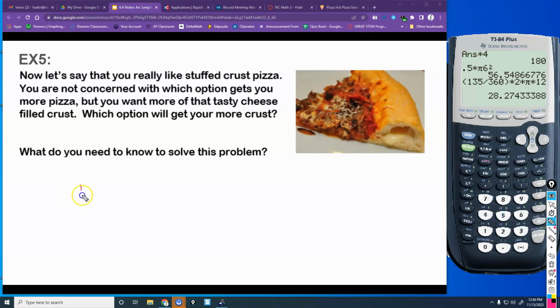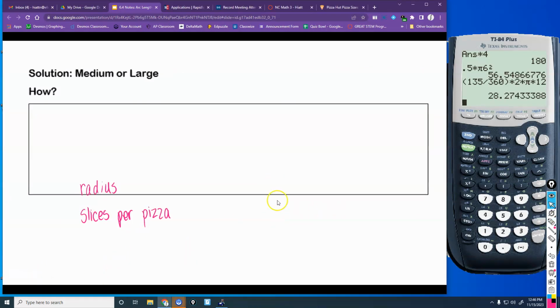So radius and slices per pizza. For that, which we already found, we can use our information that we have.